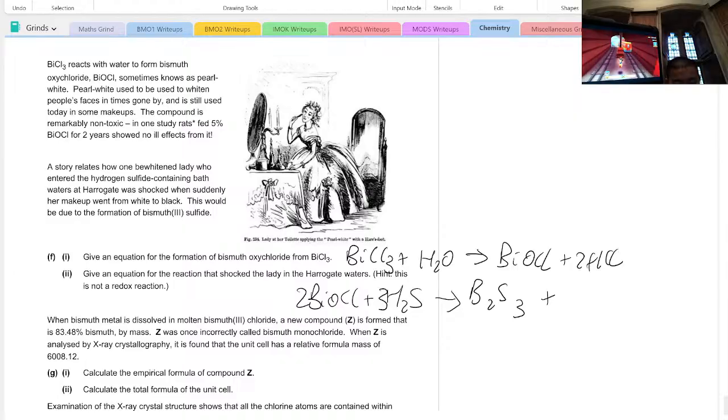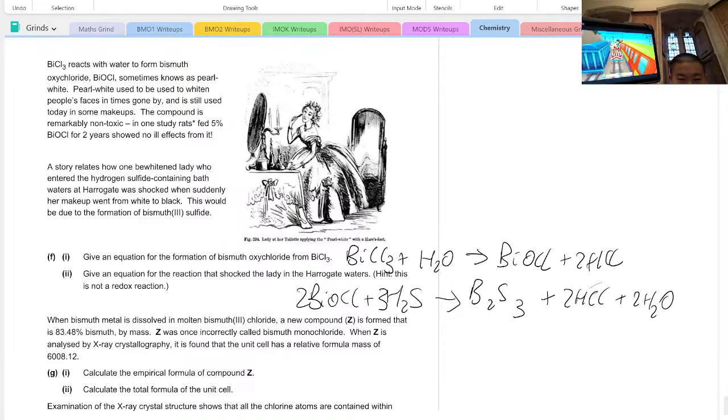Is this right? There's 6 hydrogens, 2 O's. So I'm gonna say 2 HCl plus 2 H2O.